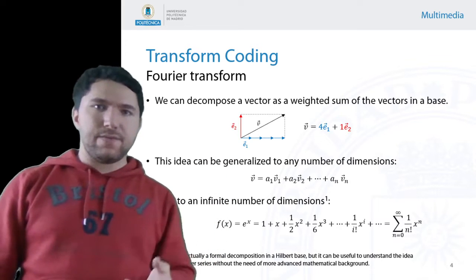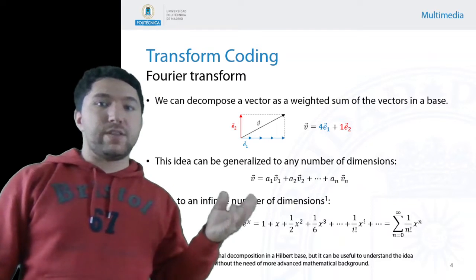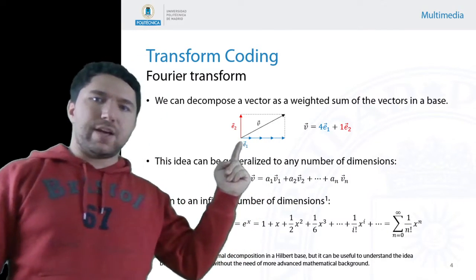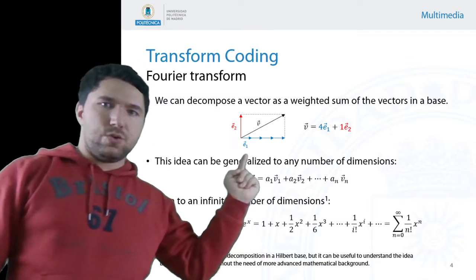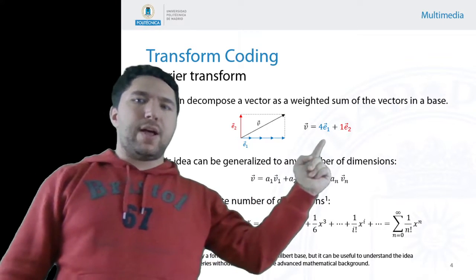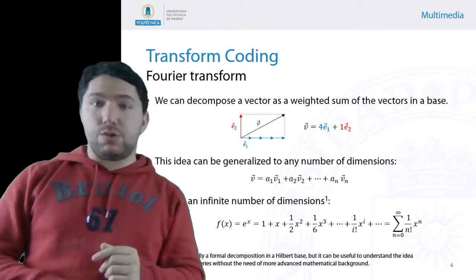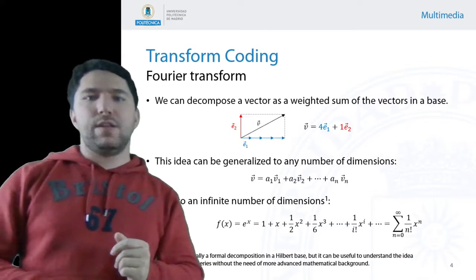And you know that any vector can be represented as a weighted sum of the vectors in the base. So if you have V, you know that V can be represented as 4 times E1, plus 1 time, or once, E2. Because you have here only one E2.